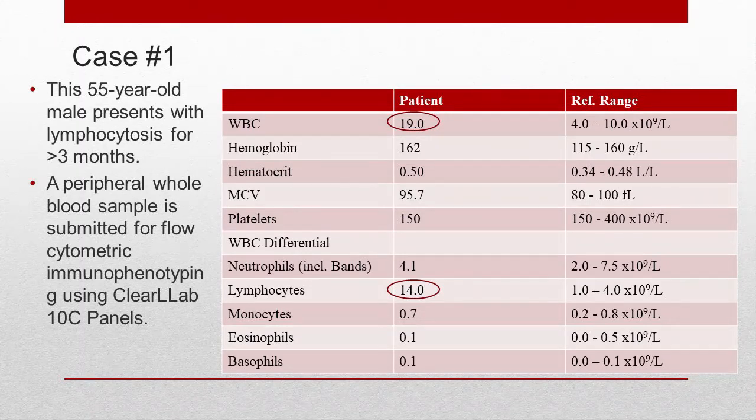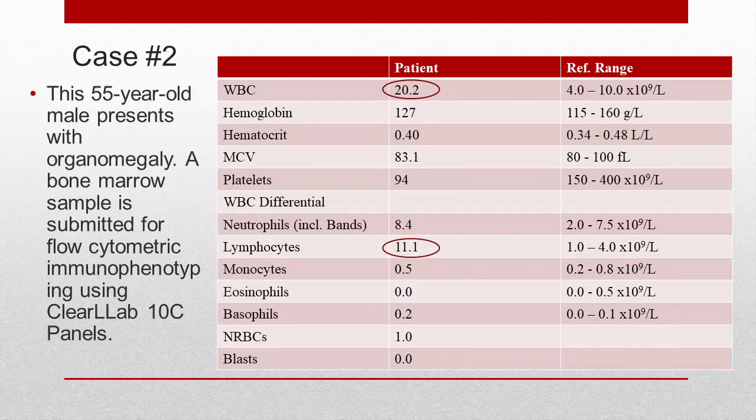So a peripheral blood sample was submitted for flow cytometry, and we used obviously our normal stuff, but we were evaluating the ClearLab 10 color panels as well, so we ran that at the same time. At the same time, we get another 50-year-old male with organomegaly, and we got a bone marrow submitted for him, but you can look at his blood counts here, and he has a similar picture.